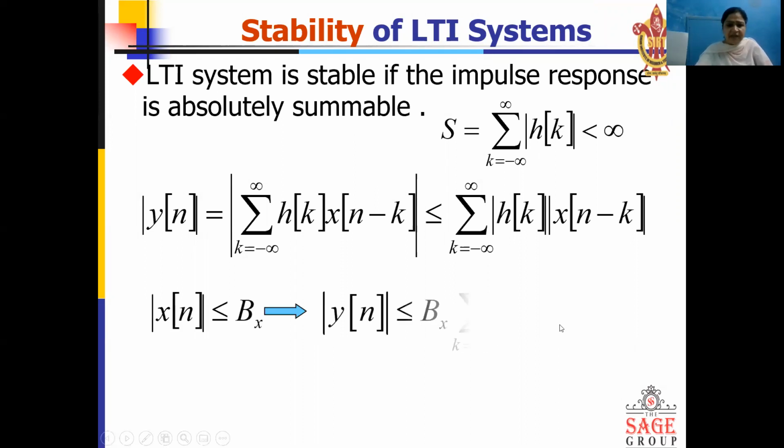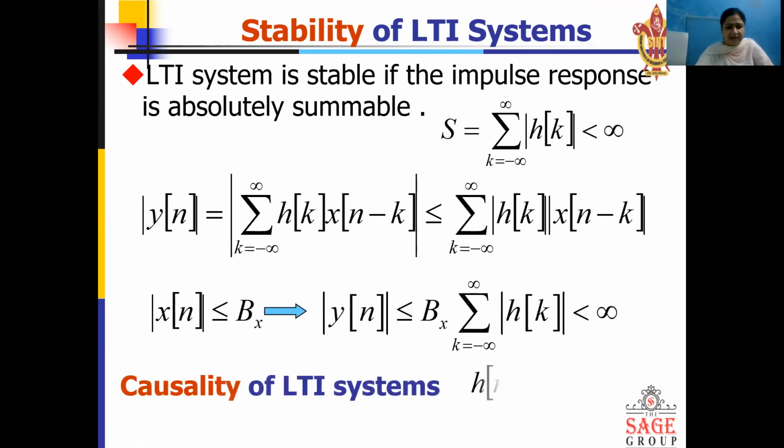Now, when the input is bounded, say x n is bounded, then the magnitude of y n should be less than or equal to the bound of the input, B x, times summation k equal to minus infinity to infinity of the absolute value of h k. Since B x is a finite value, in order to have a finite value of y n, the summation of h k should also be finite.